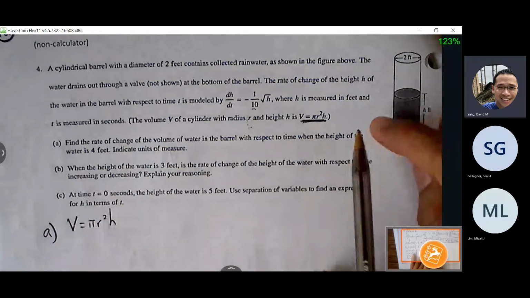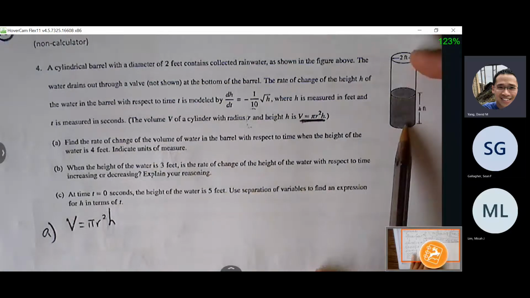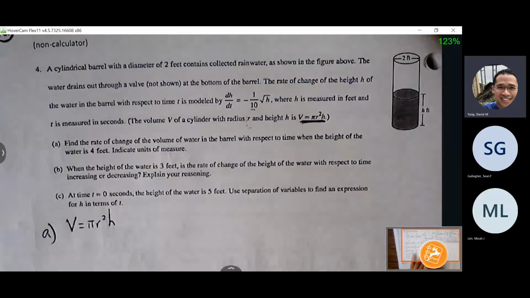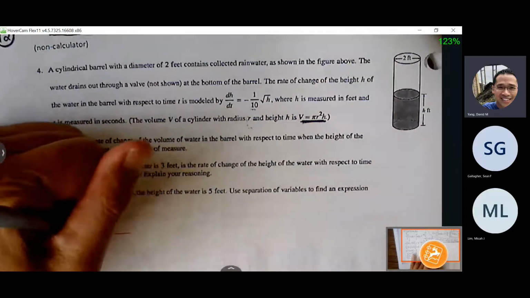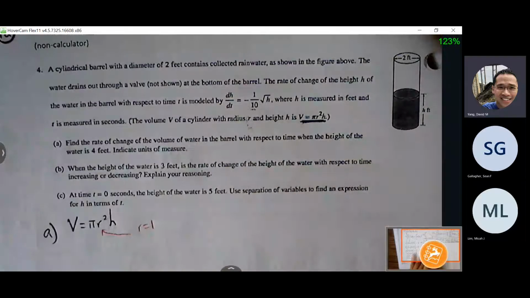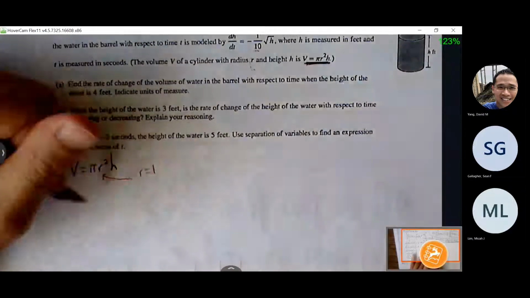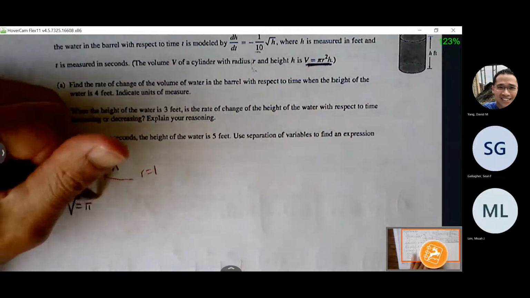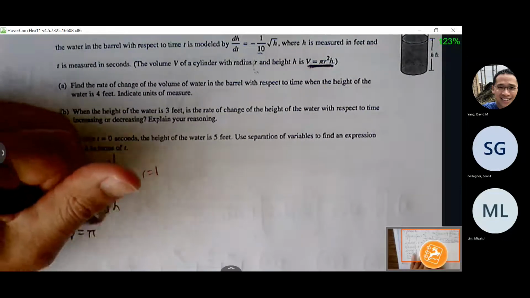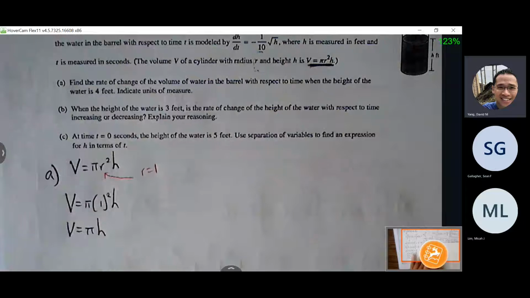But here, no matter where my water level is, my radius is never going to change. So I can just go ahead and replace the r with a numeric value, since there's no need to hold on to a variable if it's never going to change. So V is simply equal to pi h.